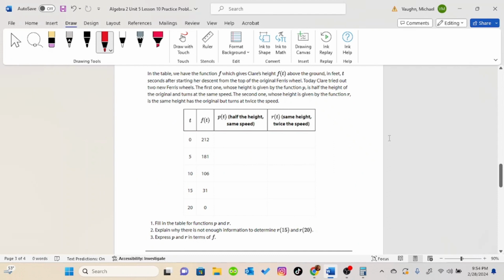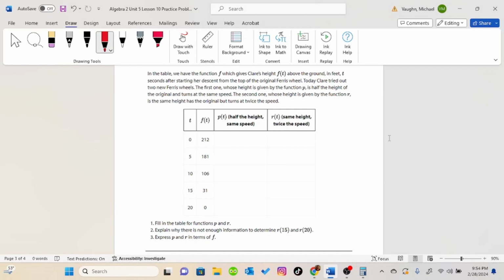In the table, we have the function f, which gives Claire's height f of t above the ground in feet t seconds after starting her descent from the top of the original Ferris wheel. Today, Claire tried out 2 new Ferris wheels.